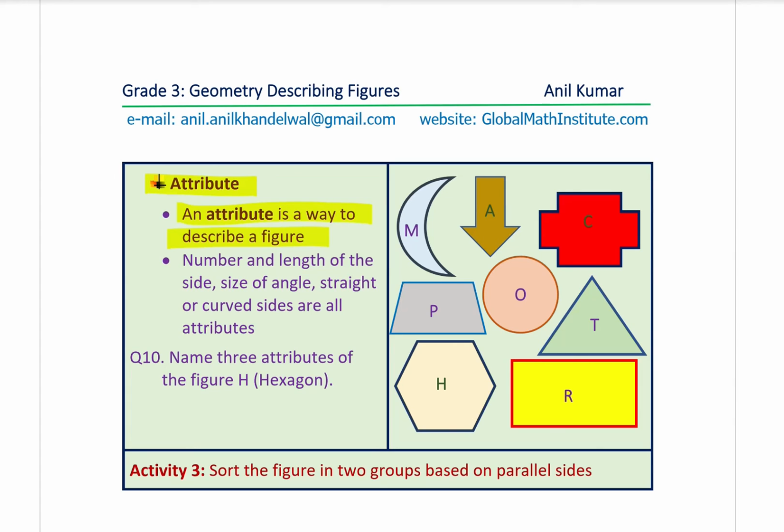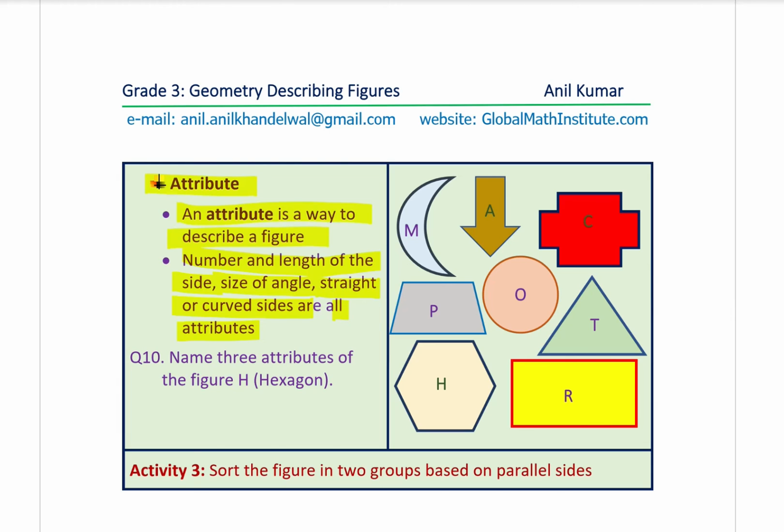In this particular case, what could be the ways to describe a figure? What could be the attributes for you? Well, all the things which we learned today, which are number and length of the sides, size of the angle, straight or curved lines. These are all attributes which you can use to describe a particular figure, correct?